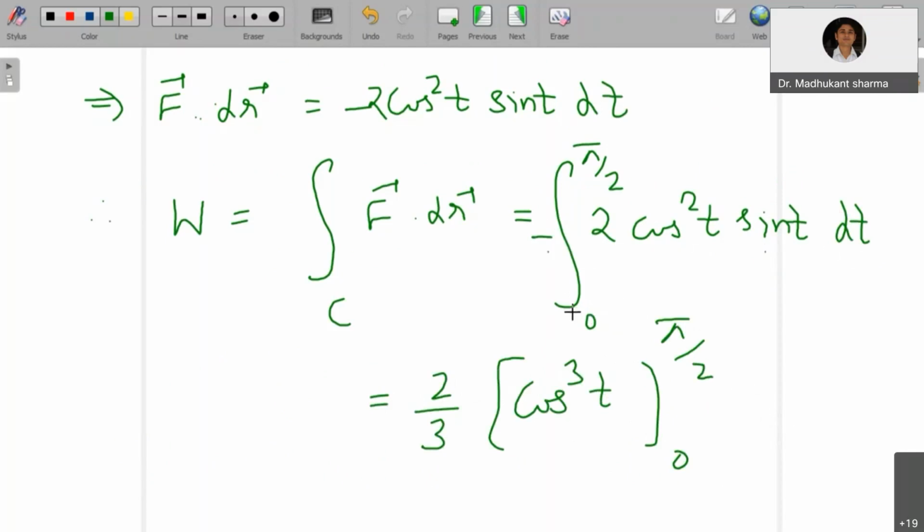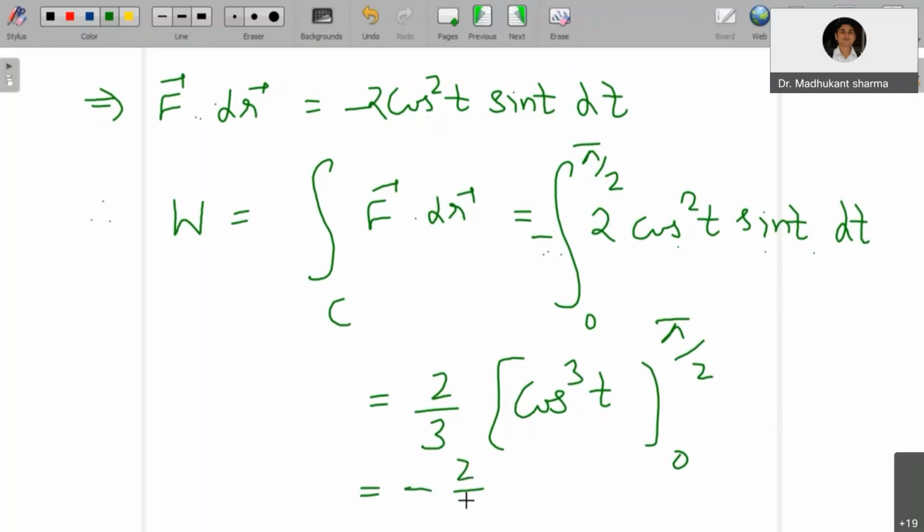Upper limit minus lower limit: cos pi by 2 is 0, and cos 0 is 1.